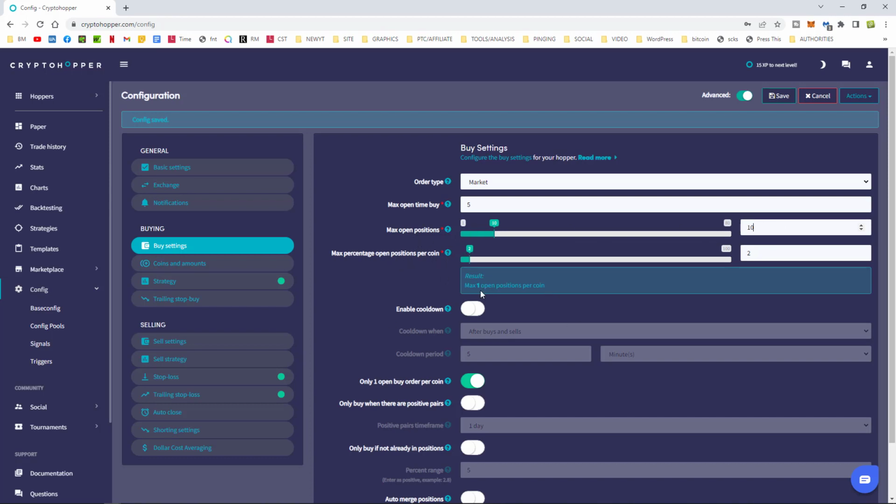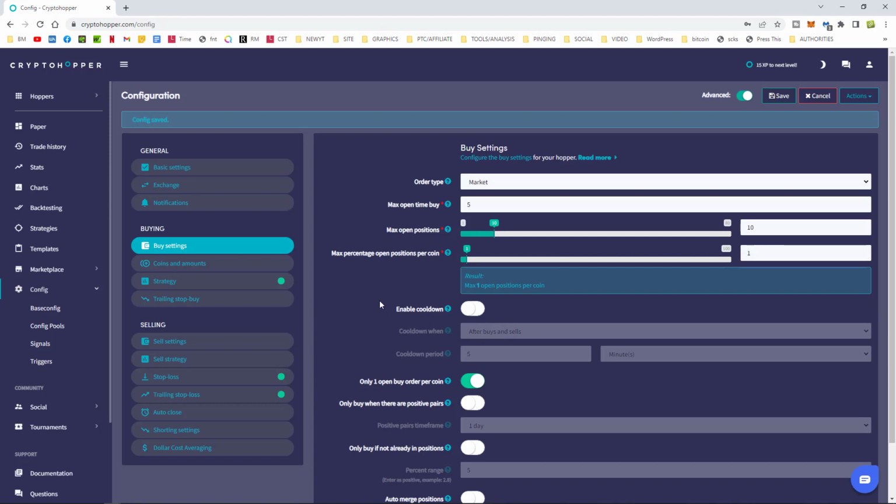Yeah, 1 position per coin. We noticed if you change this, that would mean you can have 10 Bitcoin positions. We don't want that. Back down to 1. Next, cooldown.